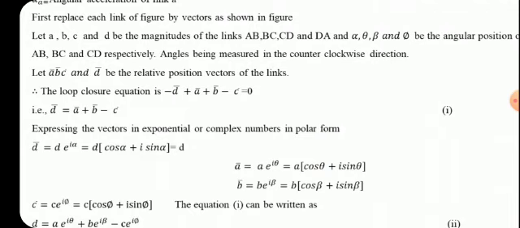A dash is equal to A into e to the i theta. B dash is equal to B into e to the i beta. C dash is equal to C into e to the i phi. Theta, beta, phi are all the angular positions.